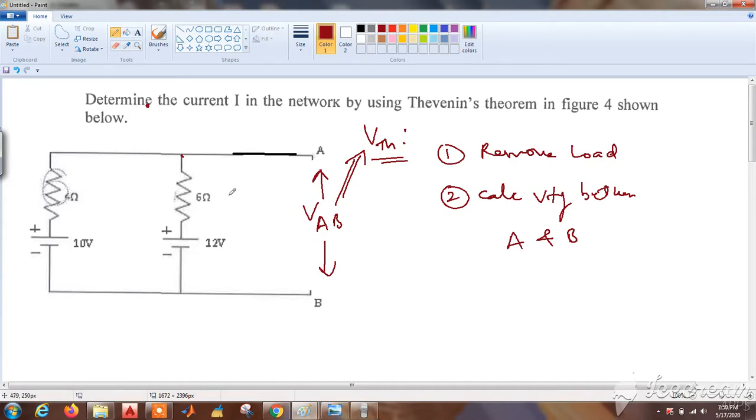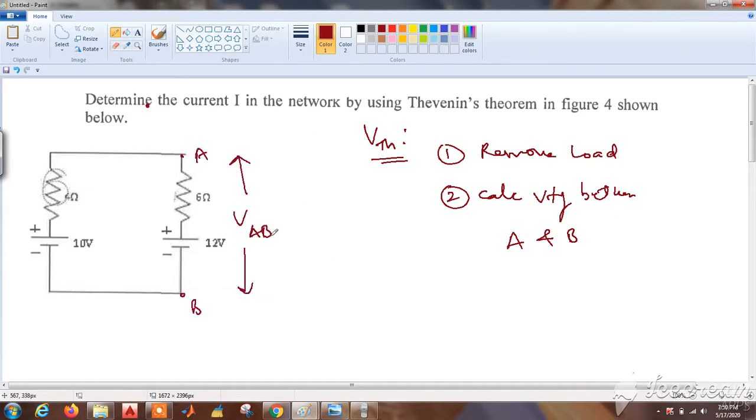It is like this also I can represent it. So VAB is the voltage across the 6 ohms resistor plus the 12 volts battery, that is, whatever the voltage across 6 ohms will be, plus 12 volts will give our result VAB, that is our Thevenin's voltage.